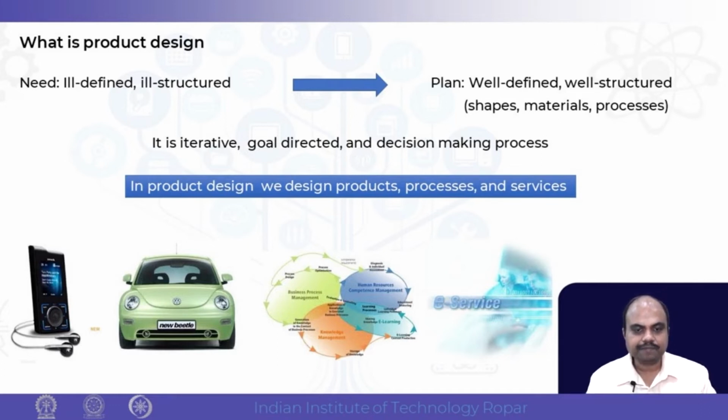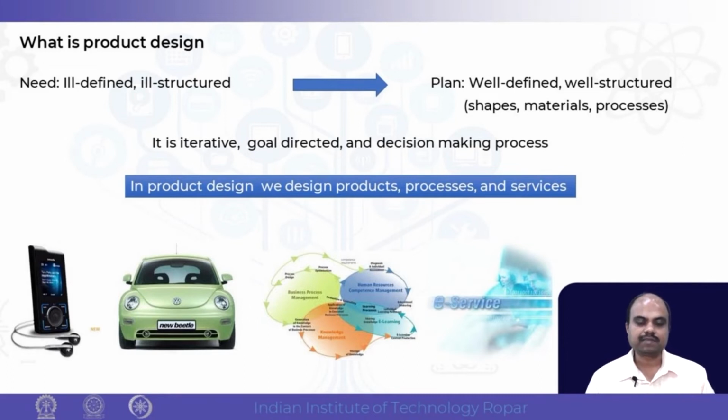So in product design, we generally design products, processes and services. That has already been discussed. When you're talking about product, in general we mean a physical, tangible product, but that's not the case. Product design also encompasses both processes. Processes means, take for example, the process of converting sugarcane into crystal sugar.